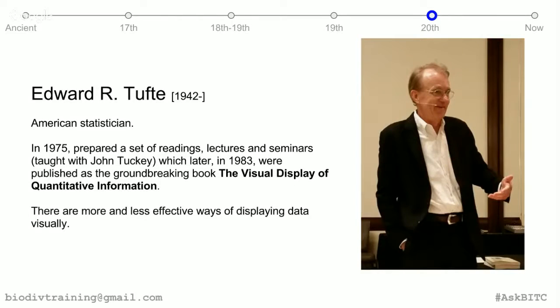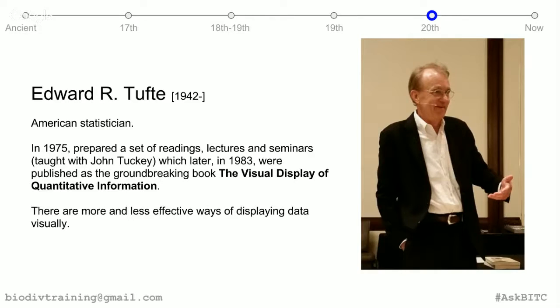His 1983 book, The Visual Display of Quantitative Information, is a must-read for anyone attempting to approach the information visualization domain. The main idea of this book is that there are two ways of representing data: the good way and the way most people are doing it. He also offers some guidelines on how to create effective and engaging visualizations.